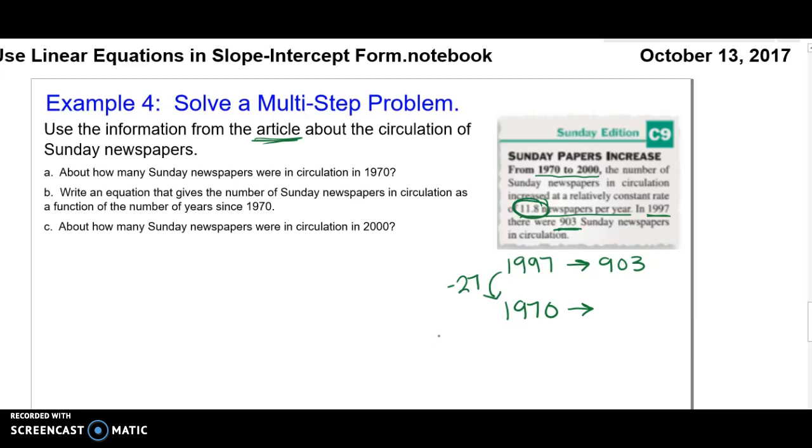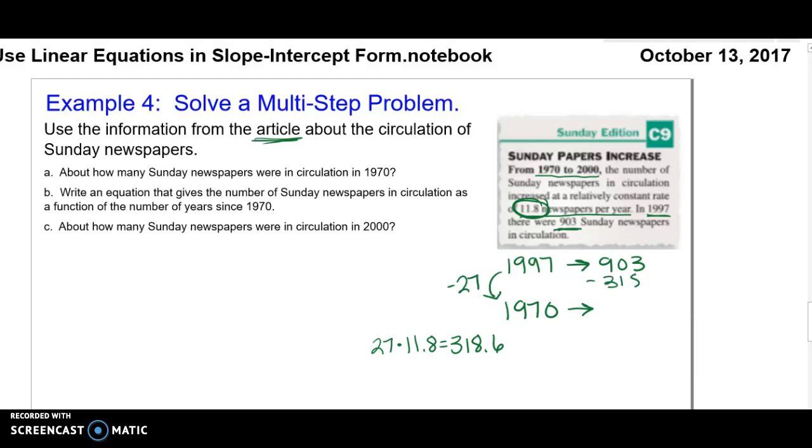So 27 years times 11.8 will tell us how many fewer newspapers we had in 1970, because it's saying that it was increasing. So if we do 27 times 11.8, that is going to give us 318.6.